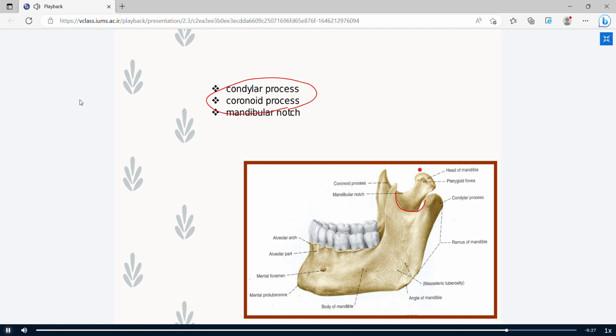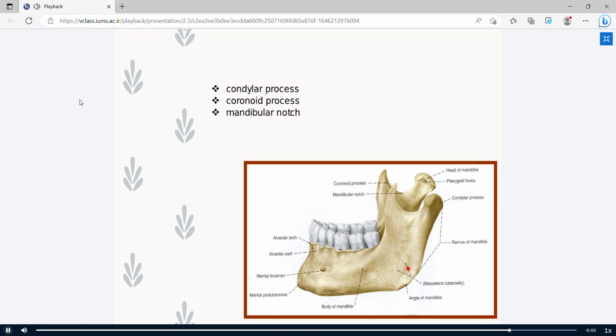On the condylar process, you can see a head and neck. On the neck, there is a pterygoid fovea, a depression for insertion of the lateral pterygoid muscle in the infratemporal fossa.